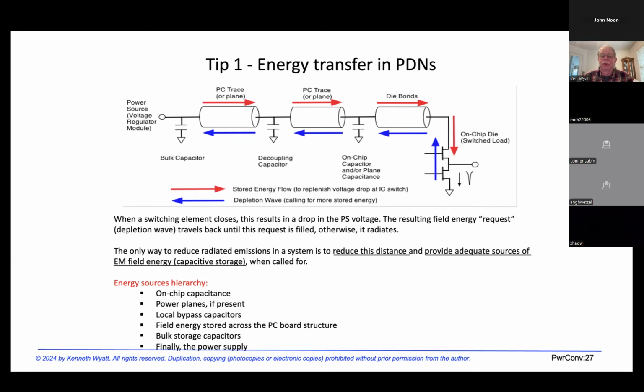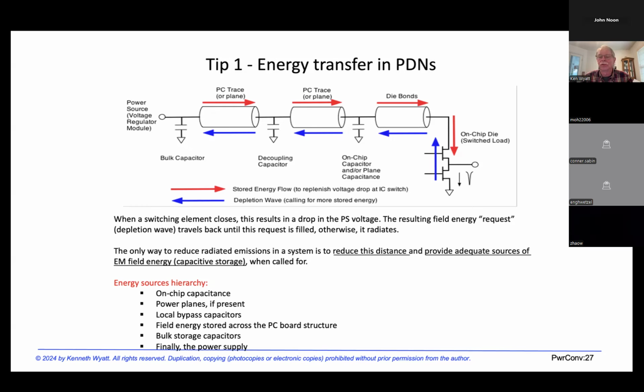You're familiar with the fact that some switching devices have on-chip capacitors, and then we have decoupling capacitors and bulk capacitors. So these capacitors are really energy storage devices. And when the switch device switches, it's going to call for energy from the on-chip capacitors, if there are any.